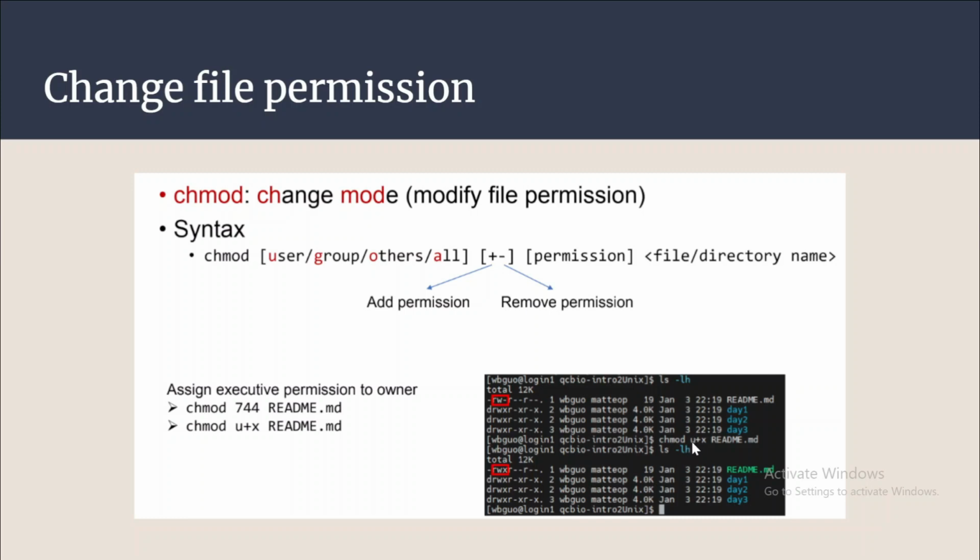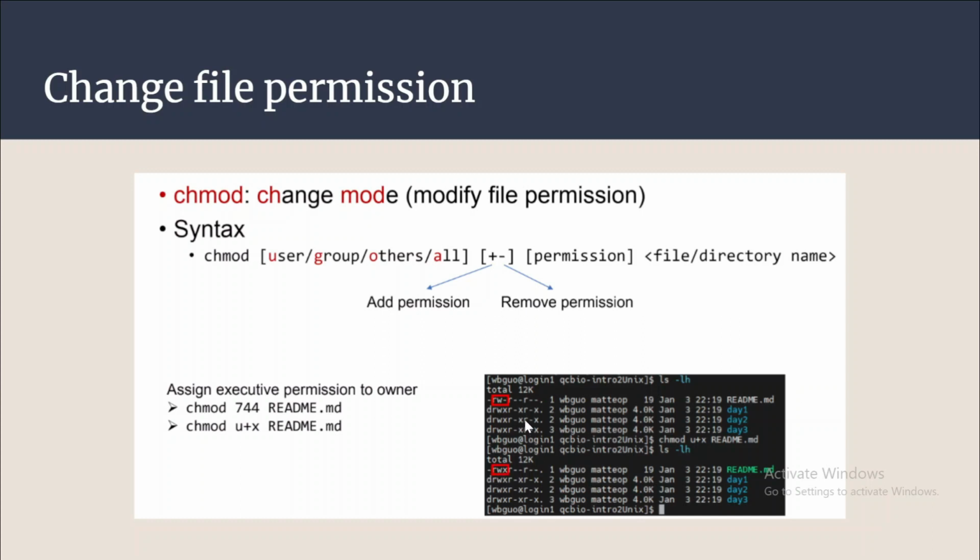Because I'm the user, I'm using the plus symbol because I'm adding one more permission, that is for executing. So I'm adding plus, x is for execute, and then giving the file name. Then again, if you list the content of the file, here you can see x is now added. So now the user has all three permissions: read, write, and execute.